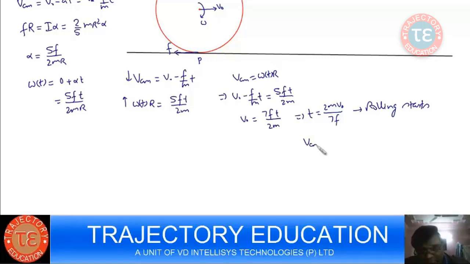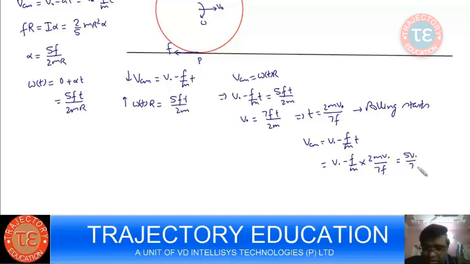And when it starts rolling, your VCM comes out to be v naught minus f by m t, where t is 2m v naught by 7f. So that's going to become 5 v naught by 7.